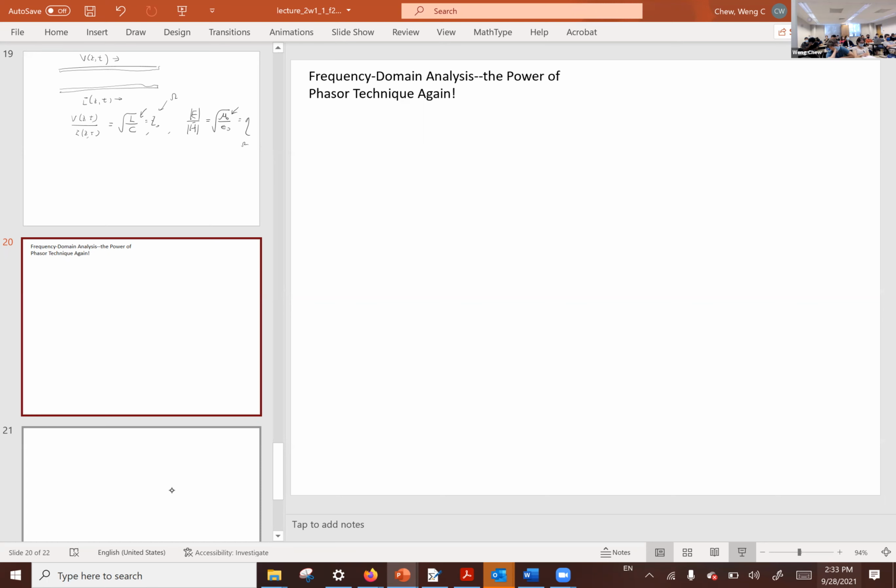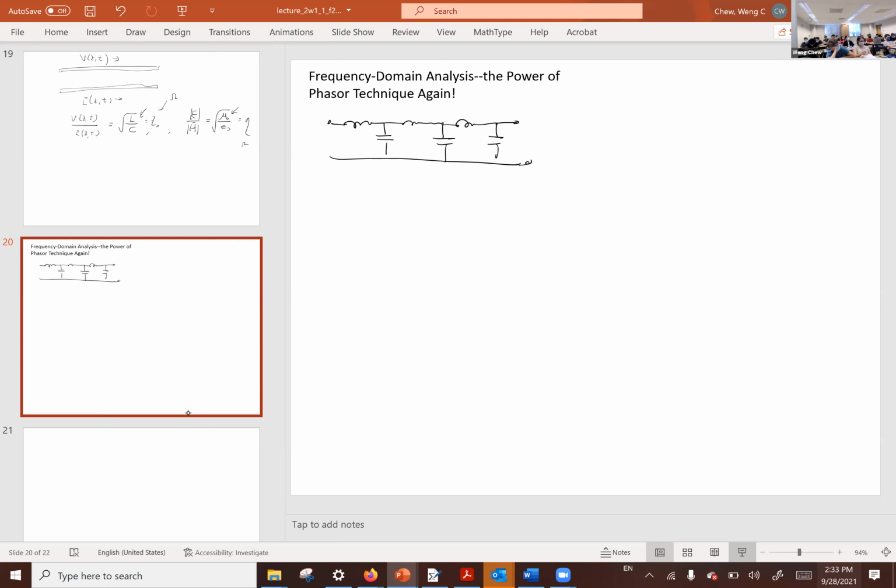I started out with the transmission line theory with no loss, I drew this simple picture, and we derived the wonderful telegrapher's equations from it. It is a very simple model, but it is not good enough for many applications.